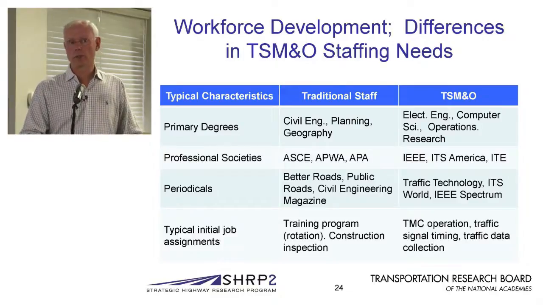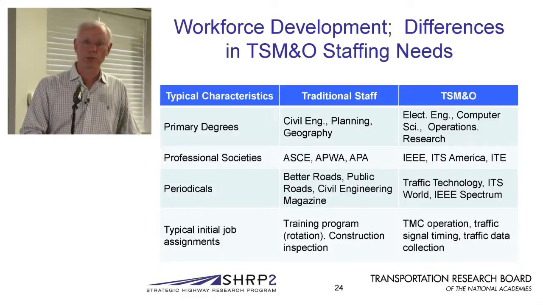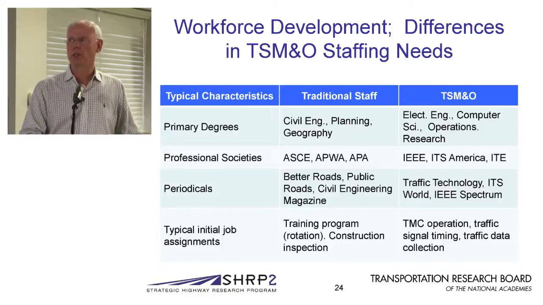So you think about electrical engineering, computer science, operations research and those kinds of degrees. Involvement on the professional side doesn't necessarily take you to ASCE, although there's certainly nothing wrong with that. But it takes you to organizations like IEEE, ITS America, or the Institute of Transportation Engineers.